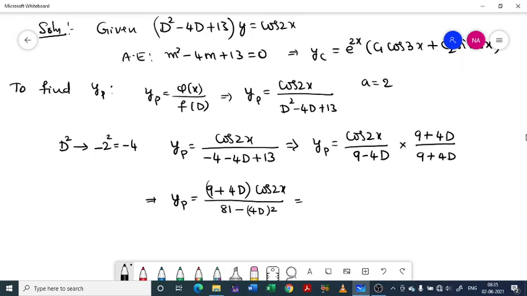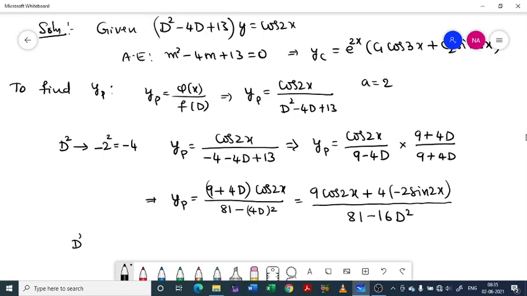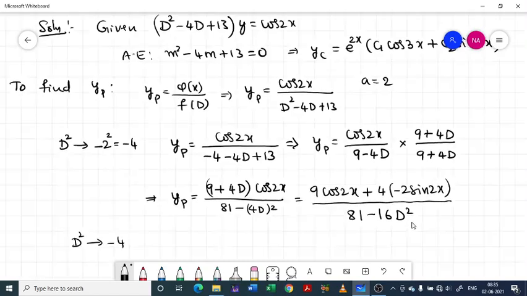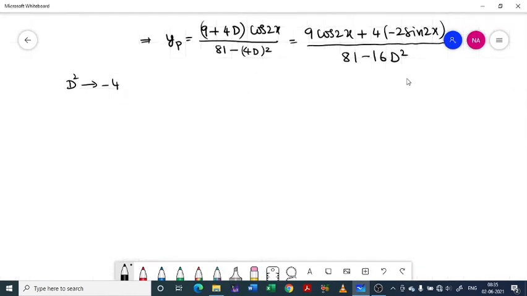This is actually 9 cos 2x plus 4 into the derivative of cos 2x, minus 2 sin 2x, divided by 81 minus 16 D square. Now again replace D square by minus 4.